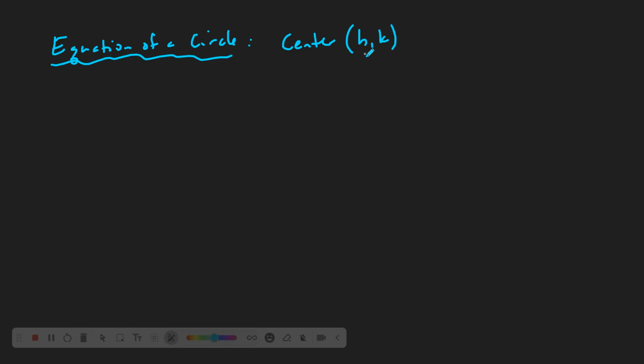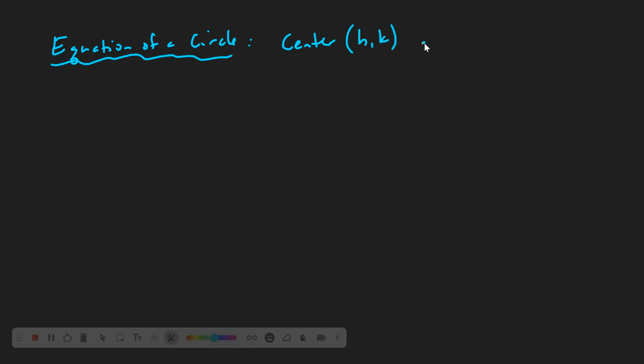Okay, so the equation of a circle. If a circle has a center at a point h, comma, k. We don't want to use x and y. We use h and k.